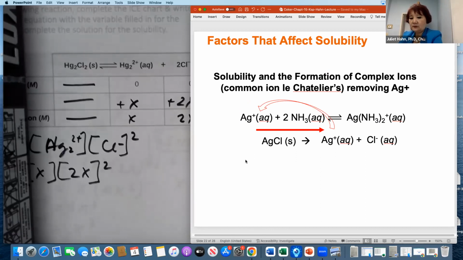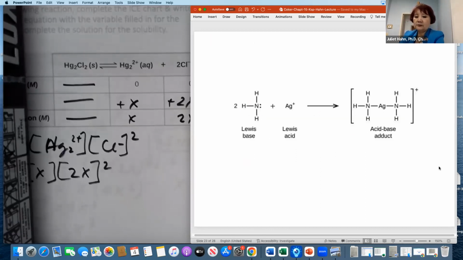You're getting the silver out of here, so it's going to drive the reaction forward by Le Chatelier's principle. And here's the complex ion that you form with the silver, getting the silver out of the solution. So this silver is a Lewis acid. It's reacting with the ammonia Lewis base. And you get this complex of silver with ammonia, which is soluble in water.